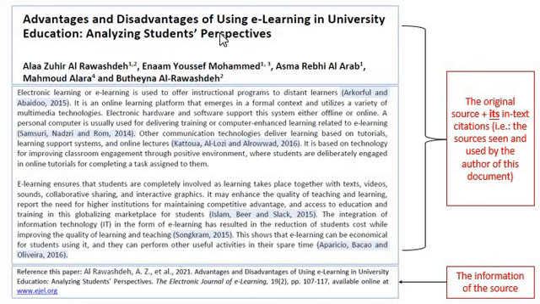So this is our original source and these are the secondary citations that are used by the authors of this source within their piece of writing, which means that I as a reader have not directly seen all these sources. I've just seen the paraphrasing or the reintroduction done by these authors in their study.